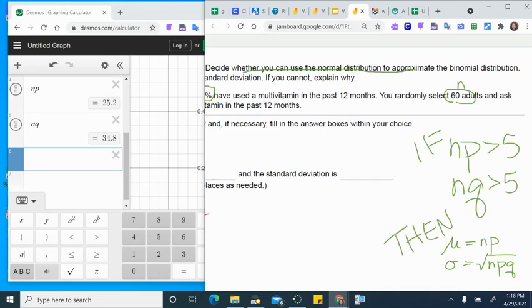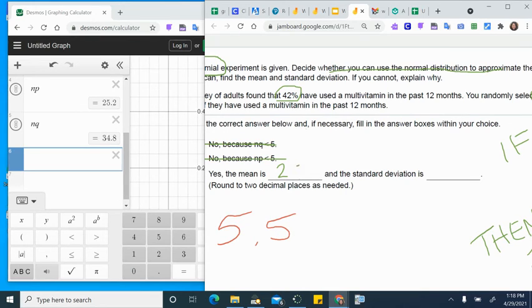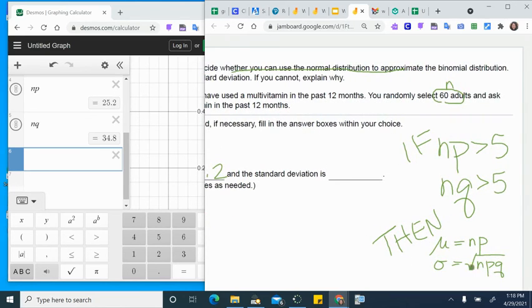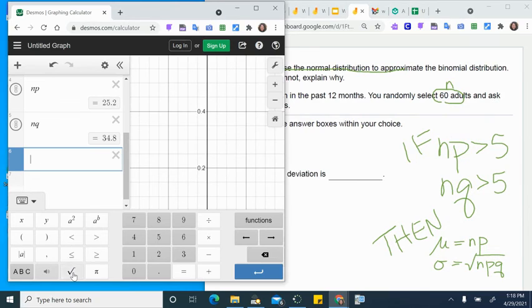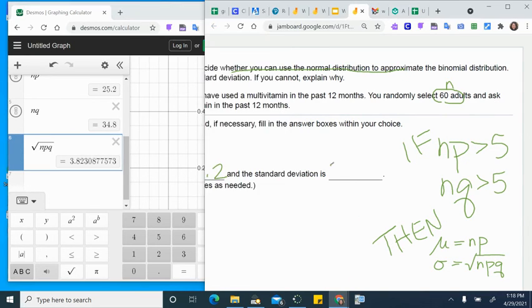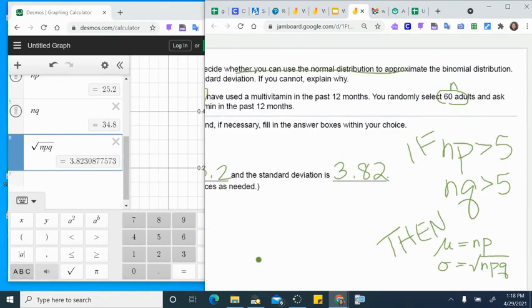So the mean is 25.2. And then for the standard deviation, that formula is the square root of NPQ. So square root, 3.82. Oh, what's the decimals that we need? 2 decimals, so that's it, 3.82.